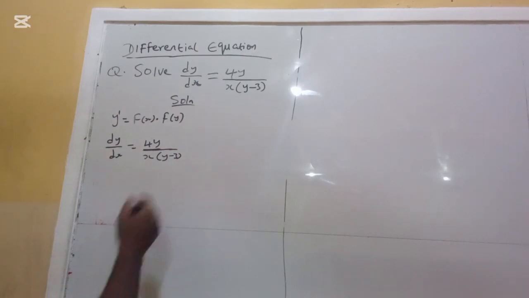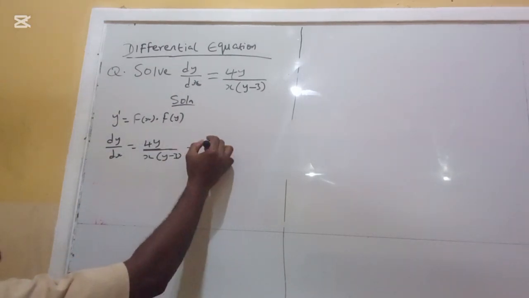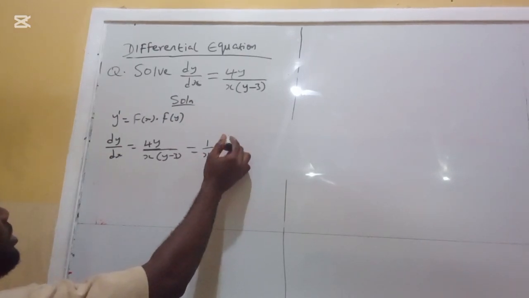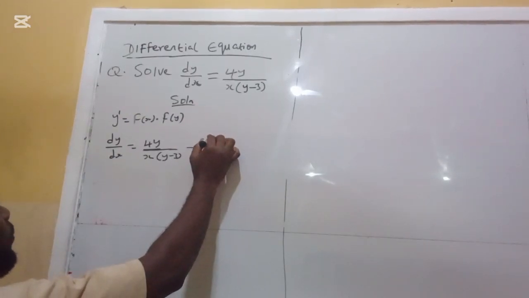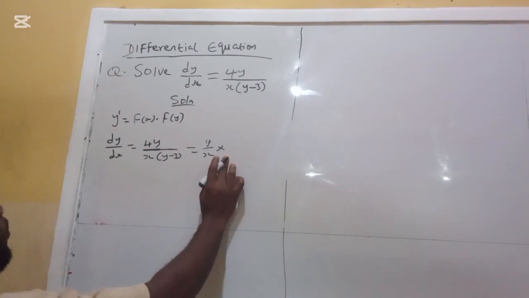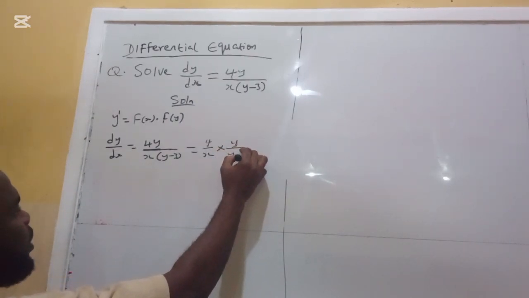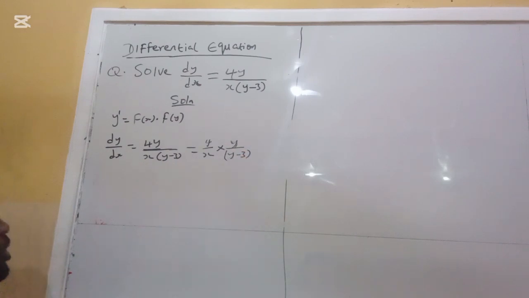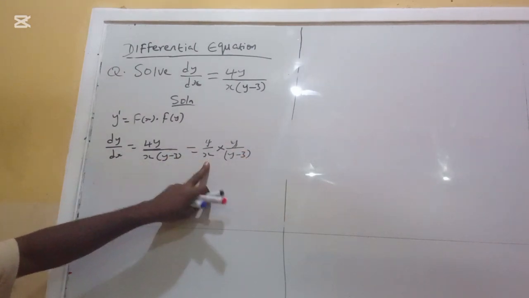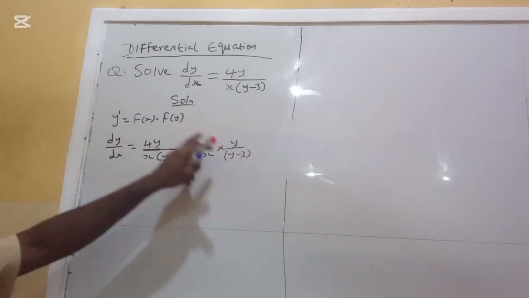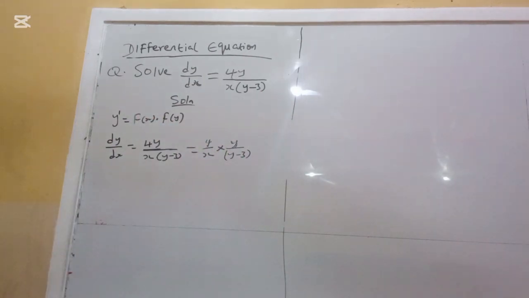We can separate this: it is 4 over x multiplied by y over (y take away 3). So this 4 over x is like f of x, and this y over (y take away 3) is like a function of y. So the equation is separable.